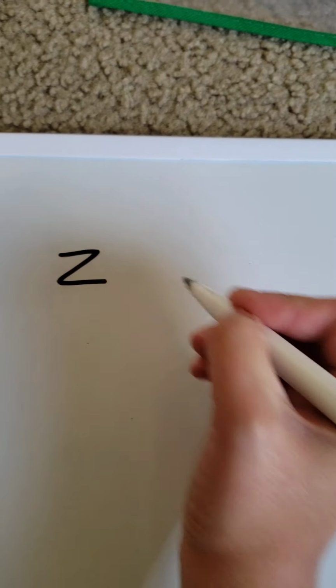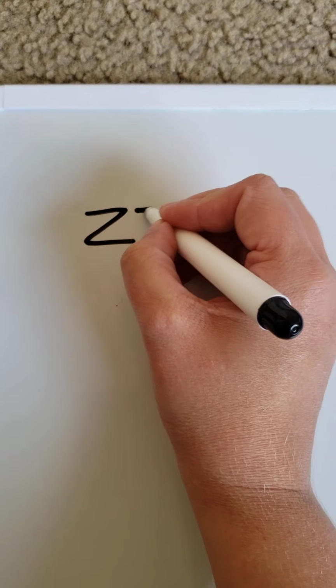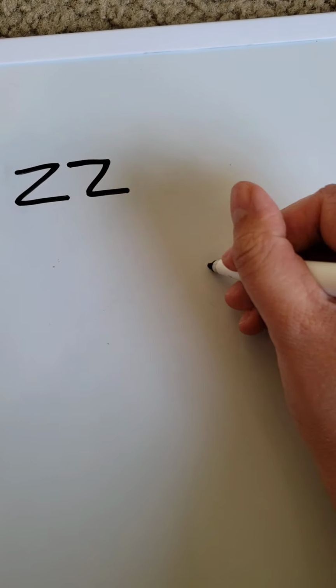All right. The same thing goes for all of those letters that are the same that are next to each other. So this sound, z. If I had two of them, it still makes z. So try to read this word.